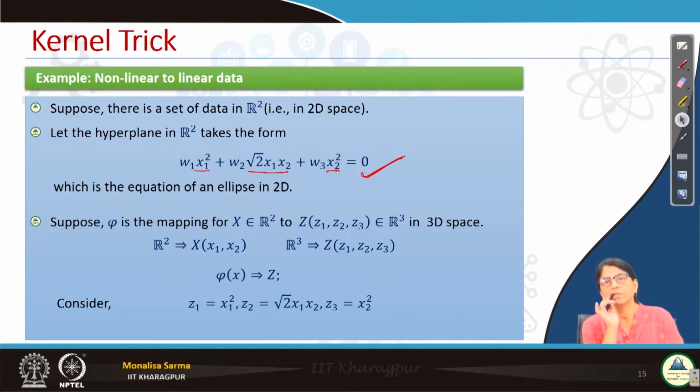There are 3 monomials. So, for each monomial I have used one attribute of the higher dimension. So, I got this.